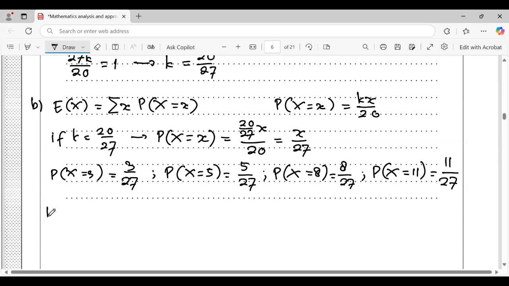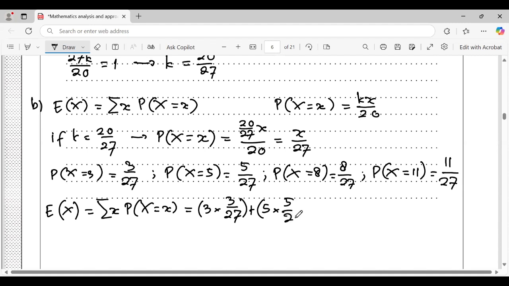And the expectation we can determine like this, equals sigma x according to this formula. Probability x equals x is going to be 3 times 3 over 27 plus 5 times 5 over 27 plus 8 times 8 over 27 plus 11 times 11 over 27.